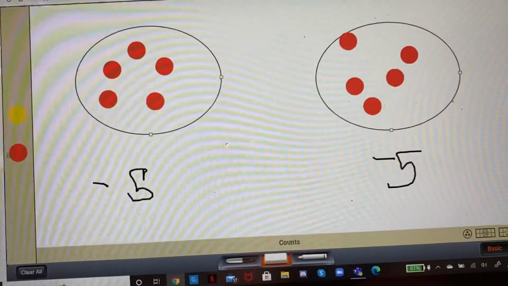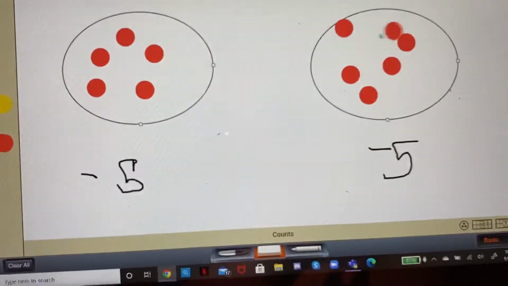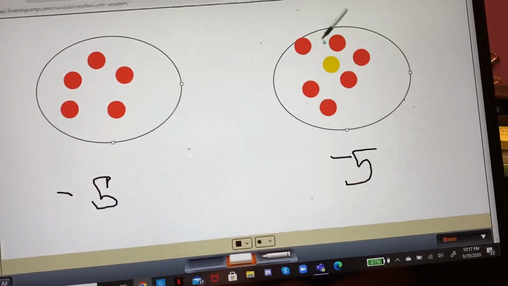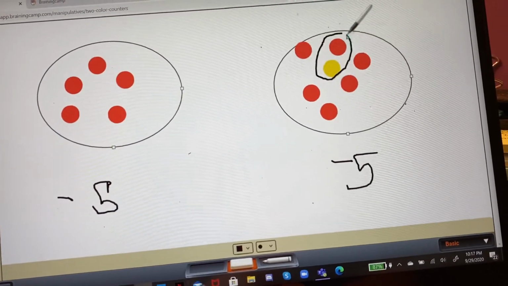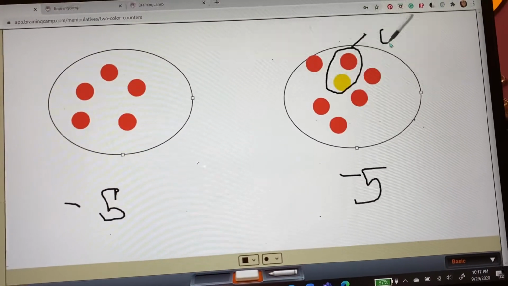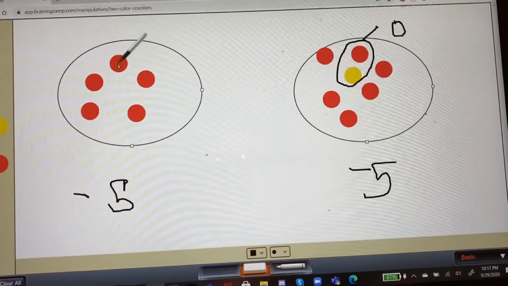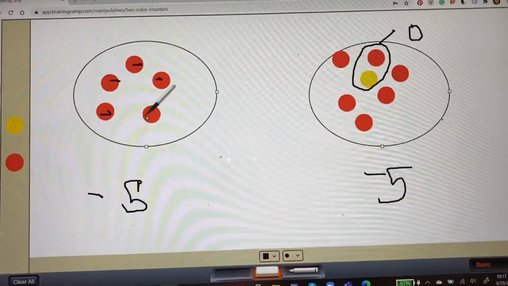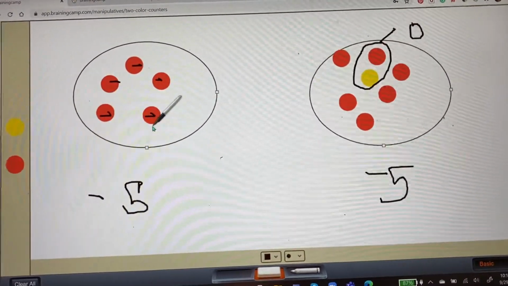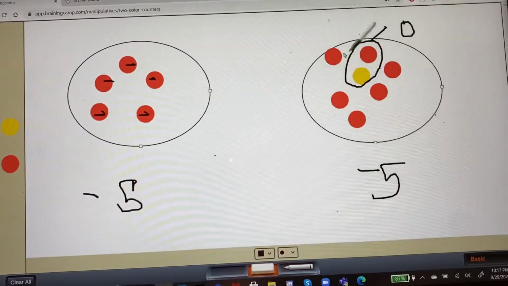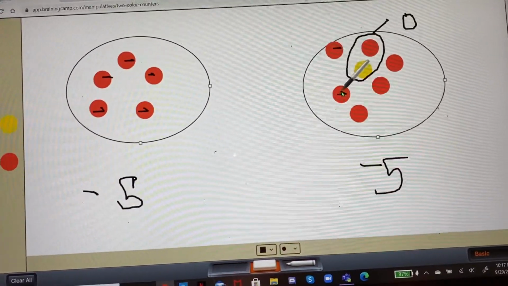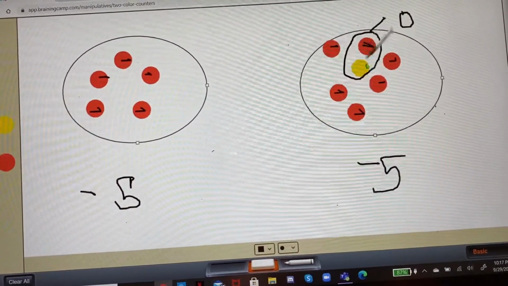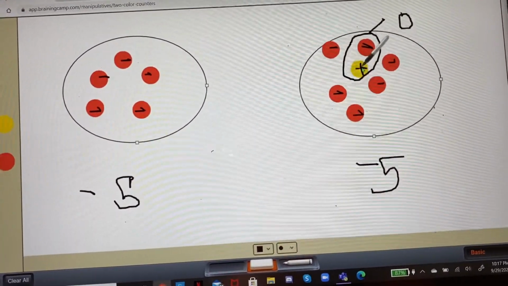But if you have the added set with a 6th negative followed by yellow, this portion is 0. So here you have 1, 2, 3, 4, 5 negatives, and here you have 1, 2, 3, 4, 5, 6 negatives with an additive positive, which still makes it -5.